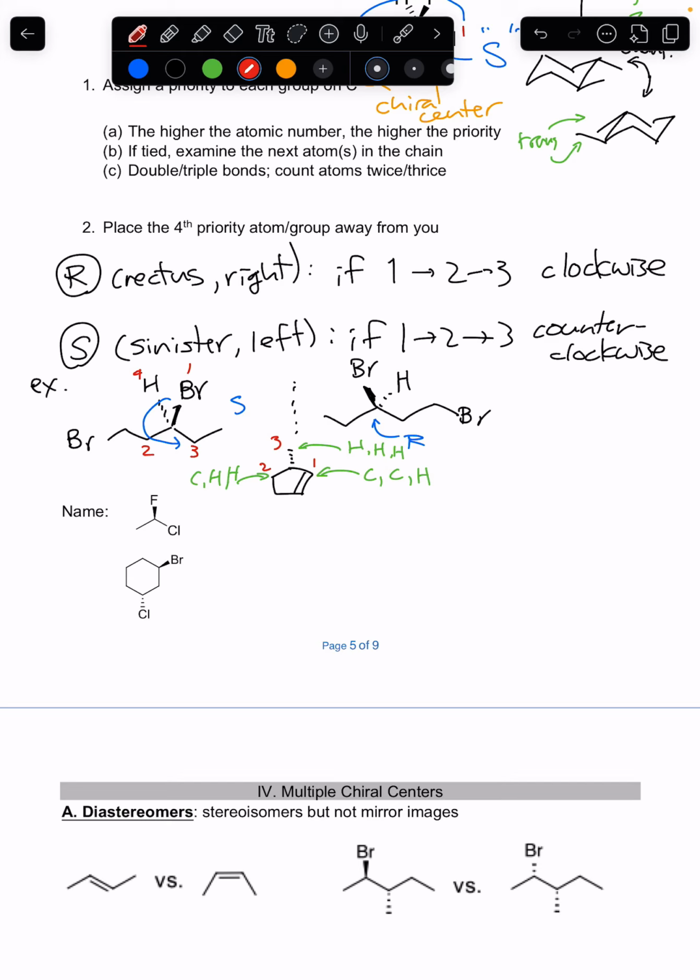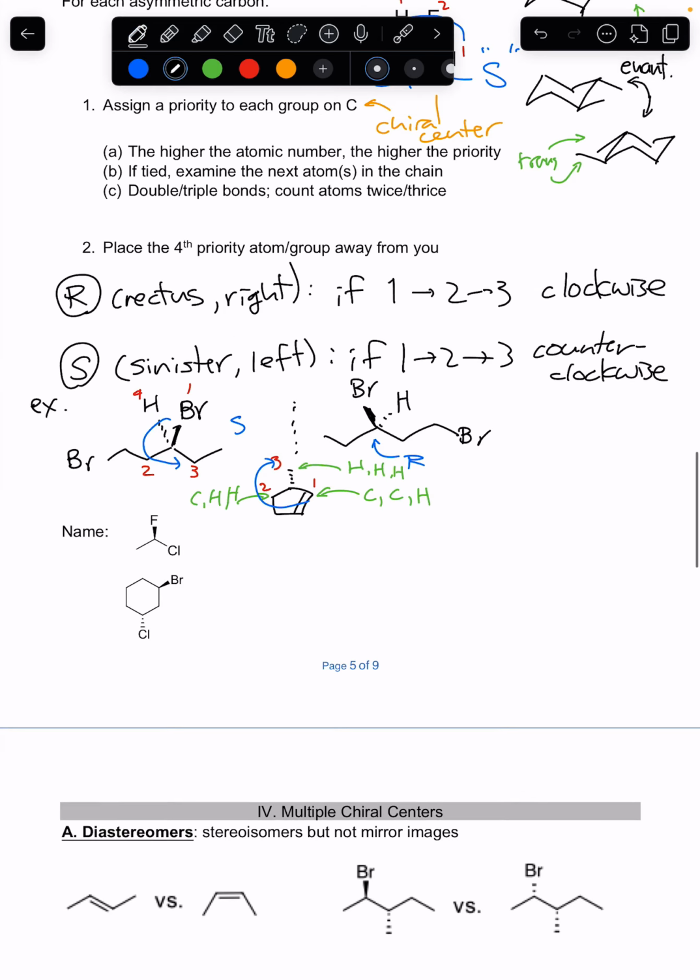then here's another method. The priorities go 1, 2, 3, so it looks like this is R, right? But knowing that the lowest priority group is pointing in the wrong direction, pointing at us, it's not in the back, you have to take the opposite. So maybe I'll write that out.